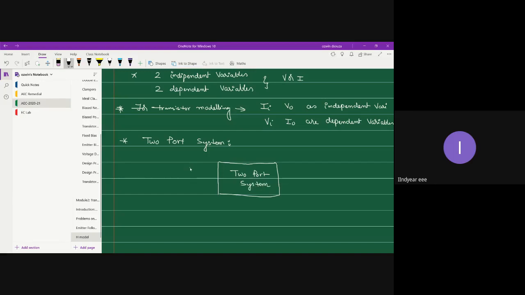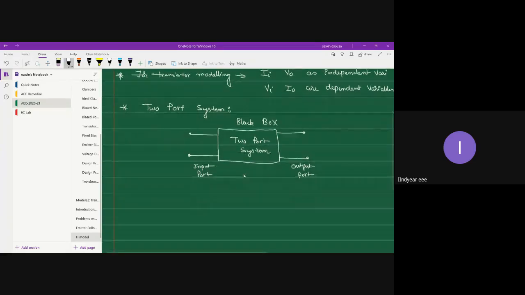As I said in the beginning, it will have an input port, and it will also have an output port. Basically this is your black box. As of now we do not know what the elements of this black box are.